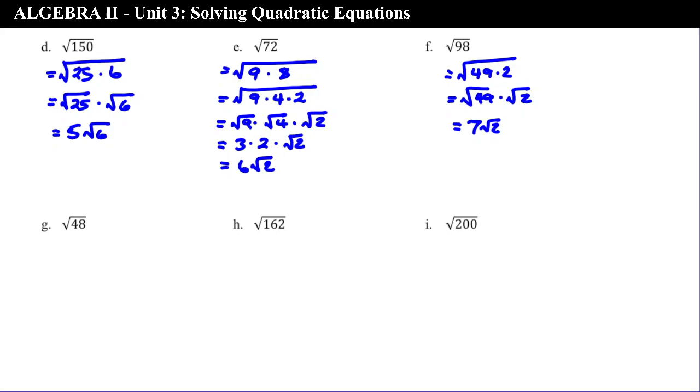So for the square root of 48, we can break that down into 16 times 3. So we get the square root of 16 times the square root of 3, which equals 4 times the square root of 3. 162, we can break up into 81 times 2, which gives us the square root of 81.